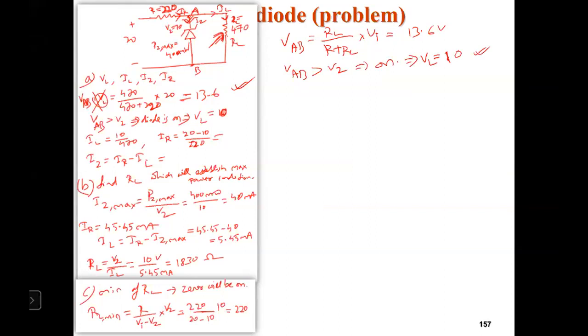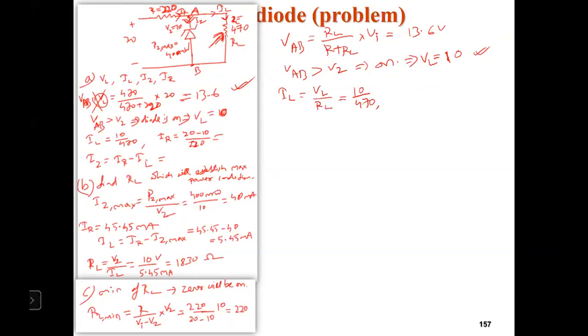Once you have this, you have to calculate the other parameters. You can calculate your load current IL, which is asked. IL will be equal to VL by RL, so it is 10 by 470.